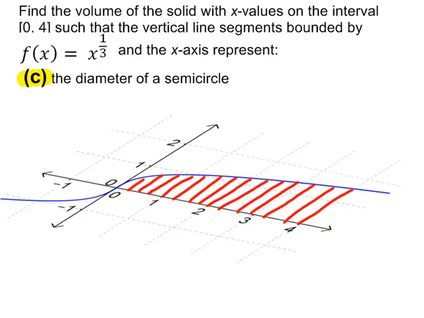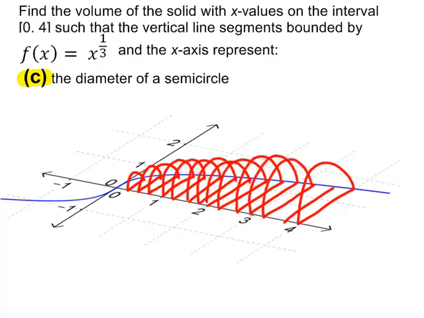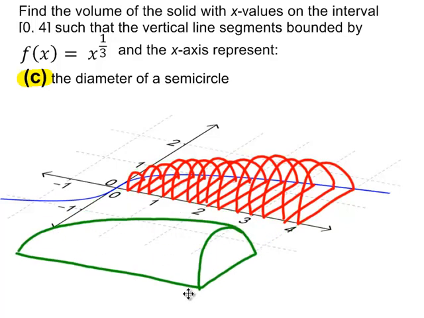Same premise once again, but now these vertical line segments represent diameters of semicircles. There we go. There's our volume.